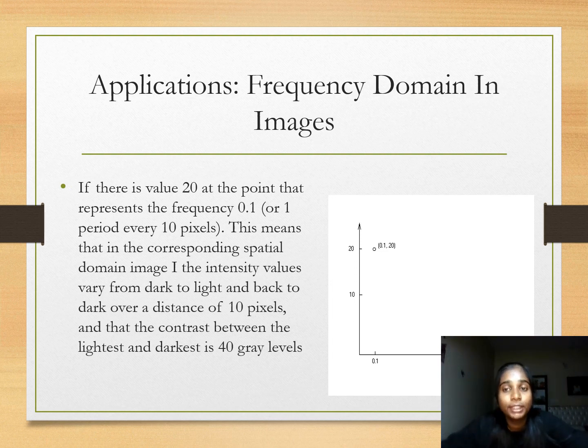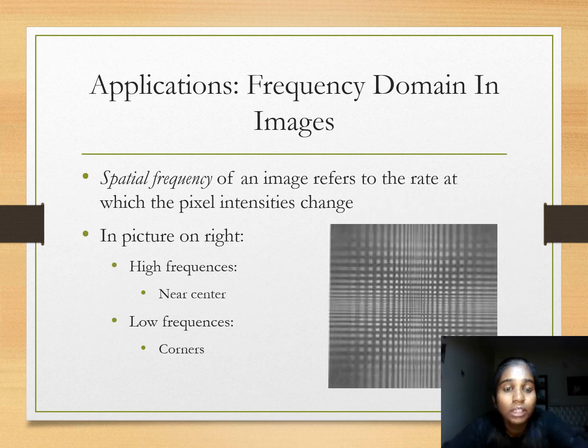As shown in the figure, if there is a value of 20 at the point that represents the frequency 0.1, or 1 period over 10 pixels, this means that in the corresponding domain image, the intensity of the value varies from dark to light and back to dark over the distance of 10 pixels, and the contrast between the lightest and the darkest is 40 gray.